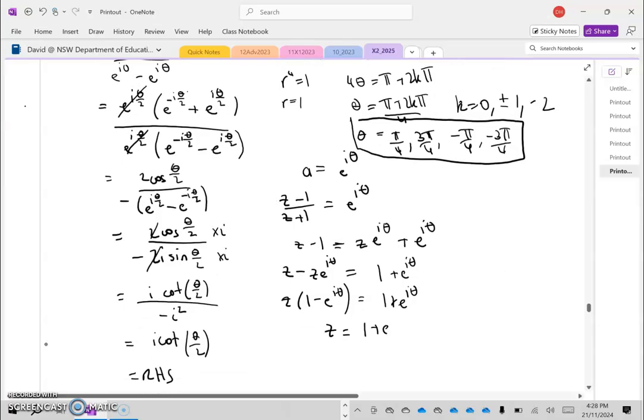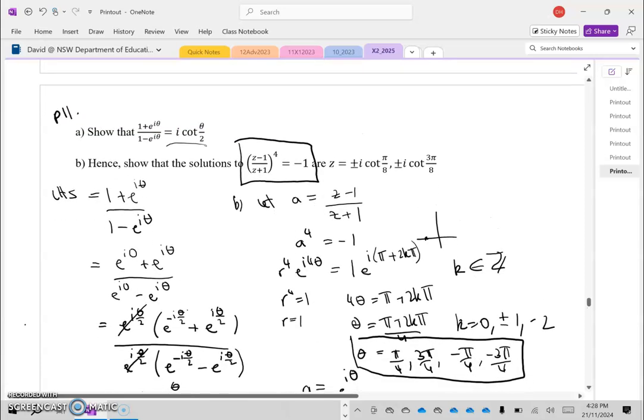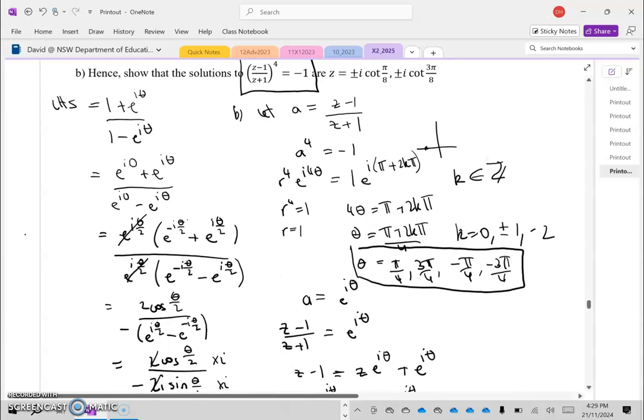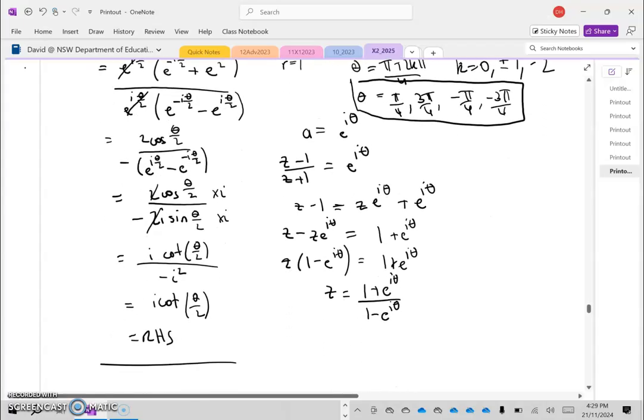And hey presto, that is precisely what we had from part A. 1 plus e to the i theta over 1 minus e to the i theta. So this equals i cot theta on 2 from part A.